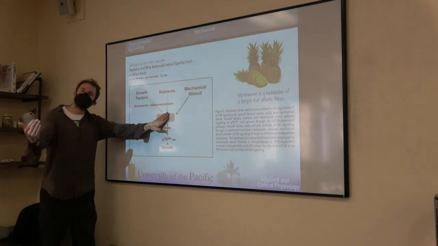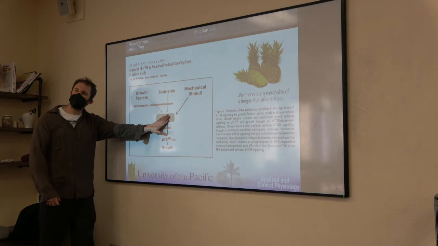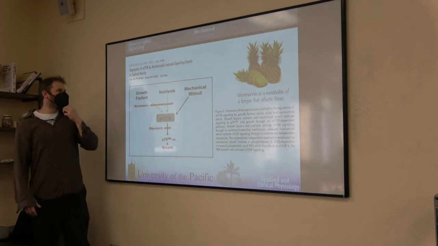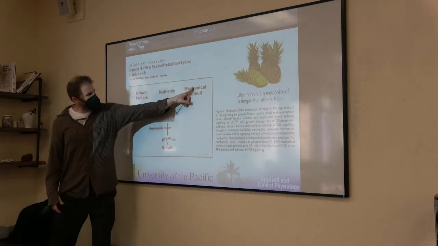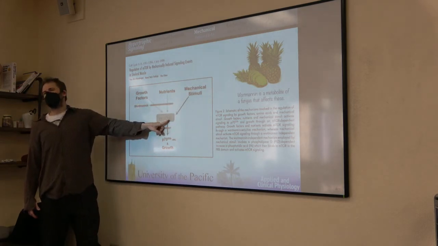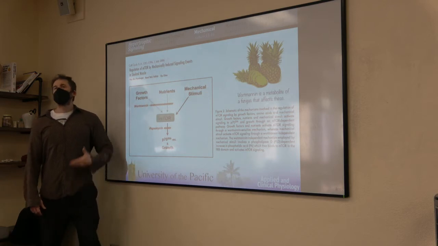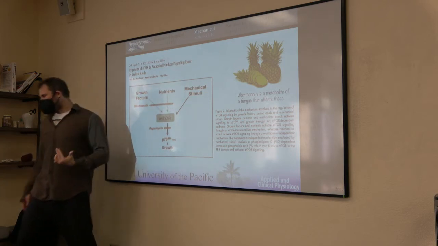So you're knocking out repair of the tissue. You're knocking out protein synthesis. You're knocking out hypertrophy if you take wortmannin. But with mechanical loading, you can still get a signal through, even in the presence of wortmannin.